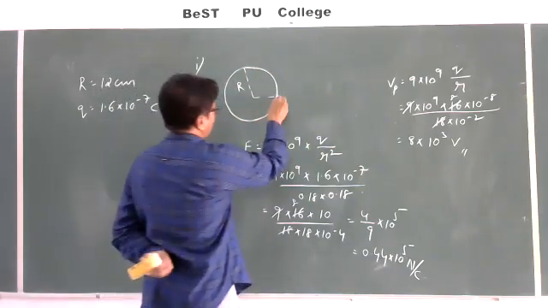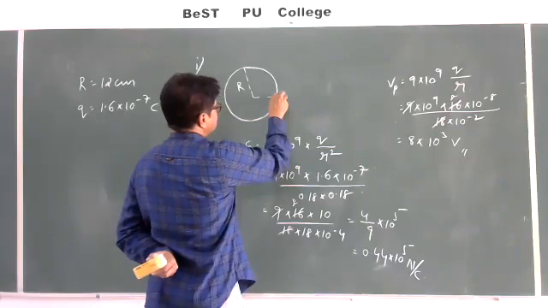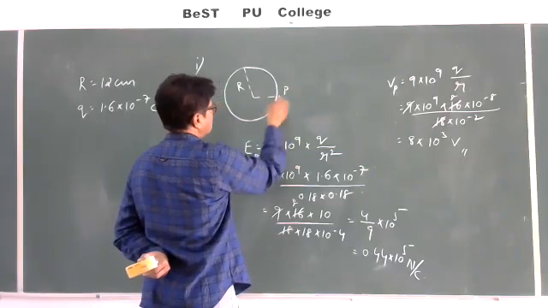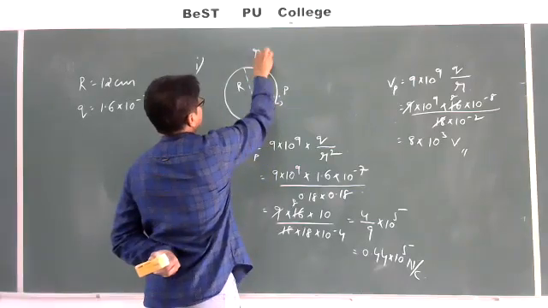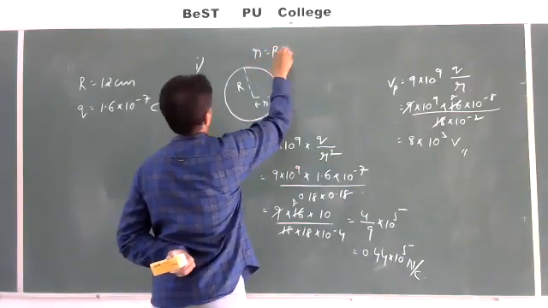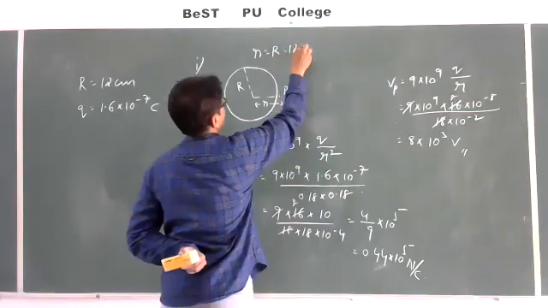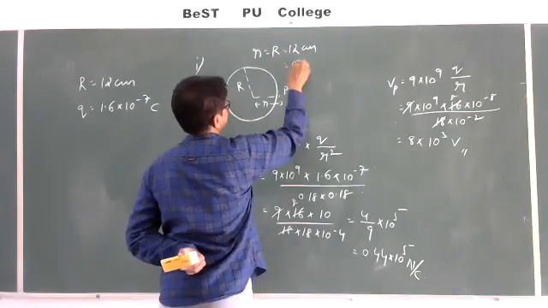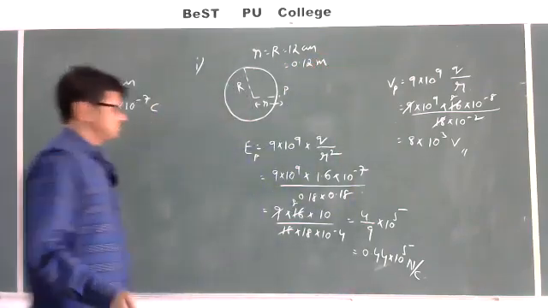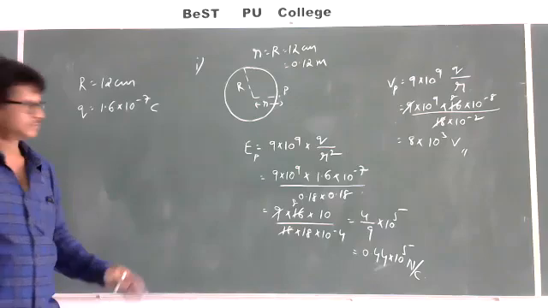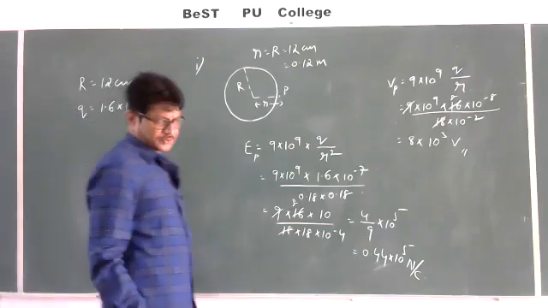He is taking the point just outside the sphere. So that is nothing but small r is equal to capital R, which is equal to 12 centimeter.